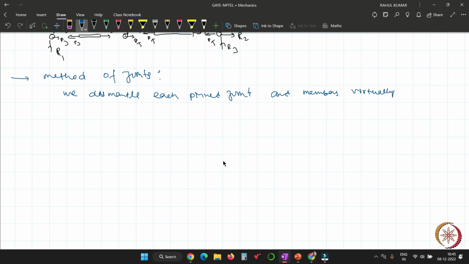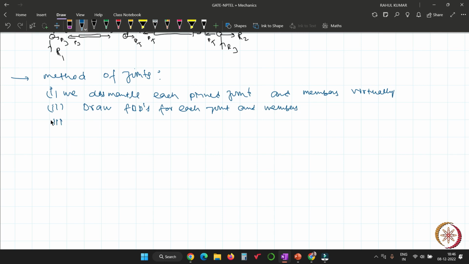You actually do not remove those members, you only realize it. Then what will you do? Draw FBDs of each joint and member.